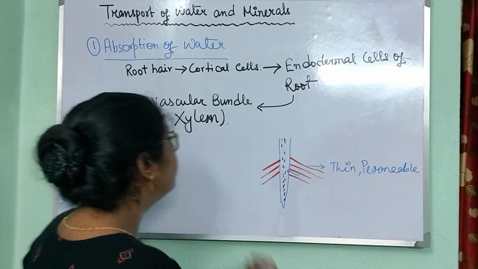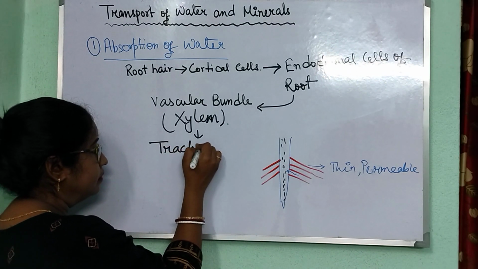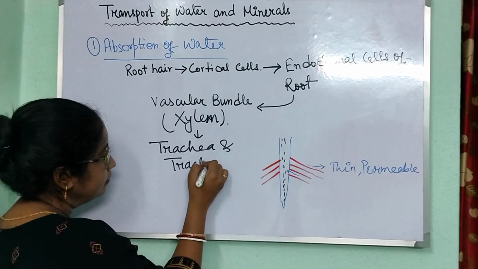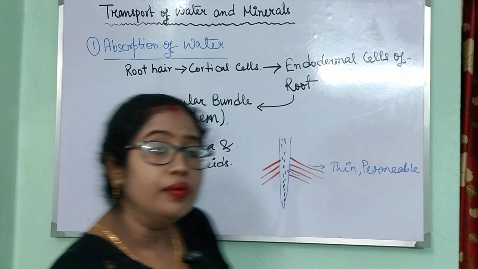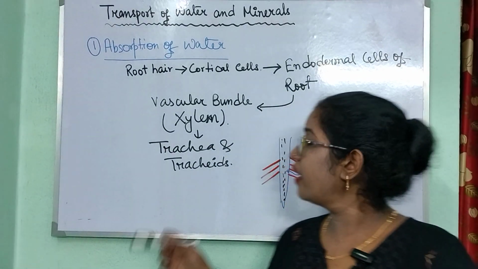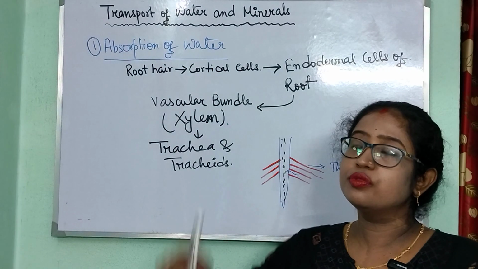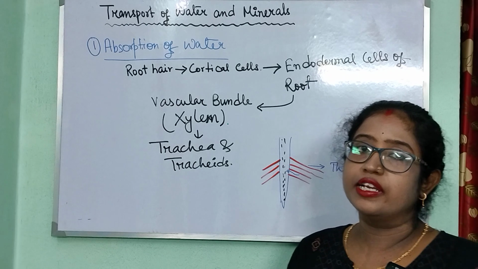In the xylem, the trachea and the tracheids move the water. In trachea and tracheids, the water moves in an upward direction due to the pressure gradient.